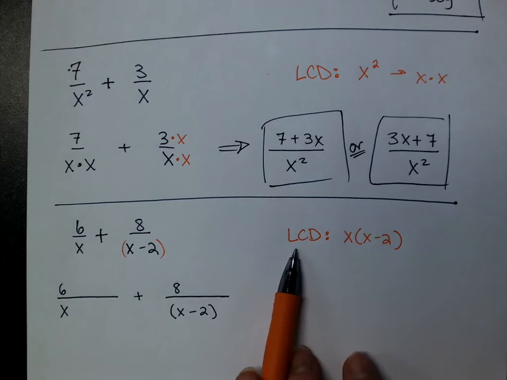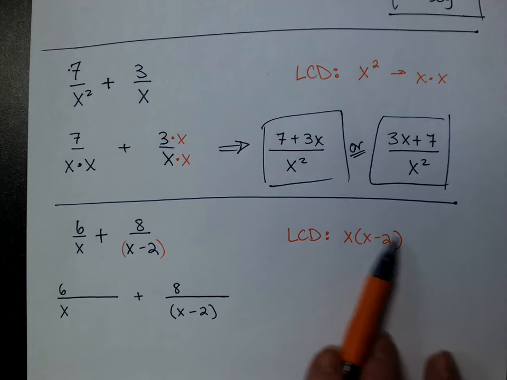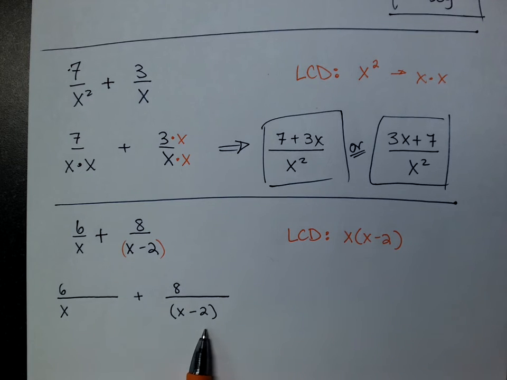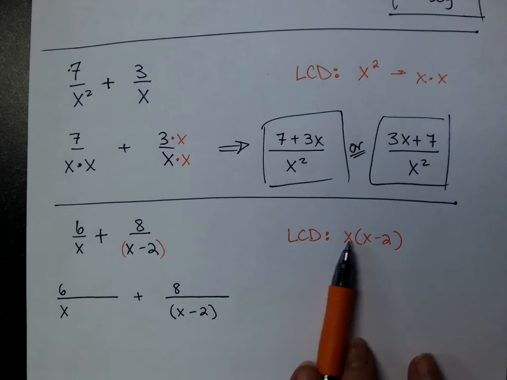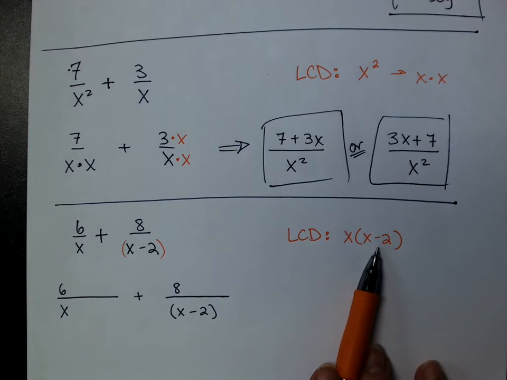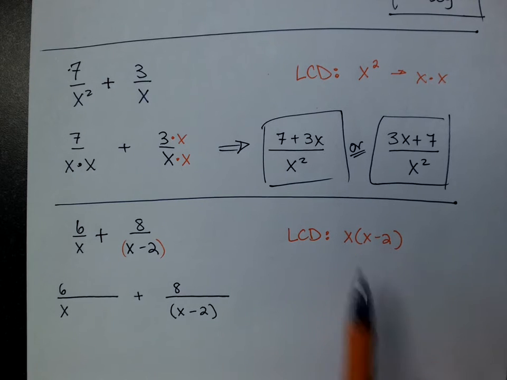Well, my least common denominator is the product of the unique factors. Product meaning take all of my unique factors. x is used at most once in any denominator. x minus 2 is used at most once in any denominator. My LCD is just a product, multiply each unique factor. I've got two unique factors, so just x times x minus 2.